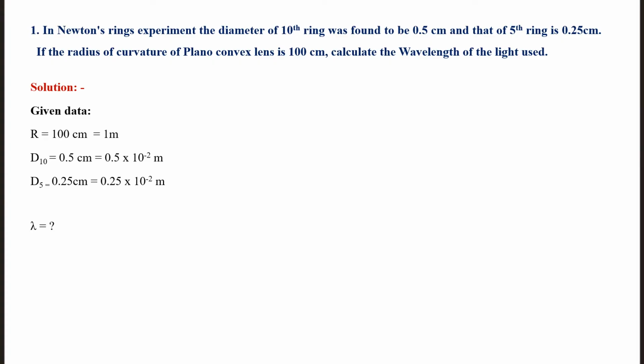Next, it is provided that the diameter of the 10th ring is 0.5 centimeter and the diameter of the 5th ring is 0.25 centimeter. So D10 in this particular case is 0.5 centimeter, and we have done the conversion into the SI system. D5 is 0.25 centimeter, so that will be equal to 0.25 into 10 to the power minus 2 meter.